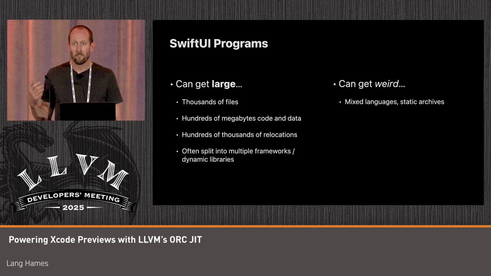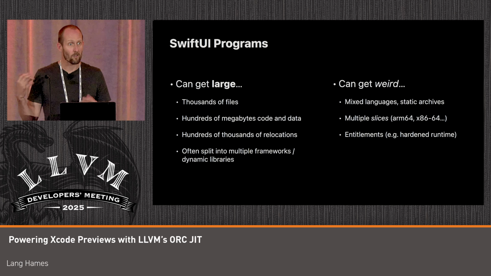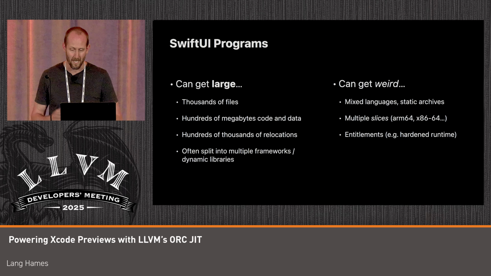And it's also fairly common for projects to include precompiled static archives that the project needs to be able to link against. We might build with multiple slices turned on, say ARM64 for Apple Silicon and x86-64 for Intel Macs, and we need to be able to pick the right slice. We might adopt non-trivial entitlements that change the behavior of the execution environment, like the macOS hardened runtime, which we'll talk about in a moment.